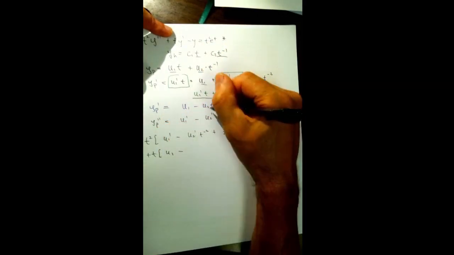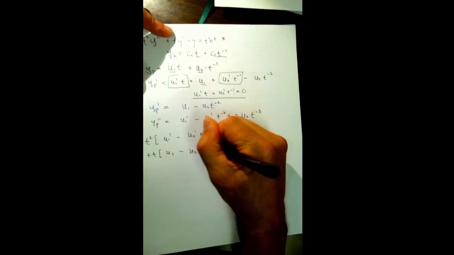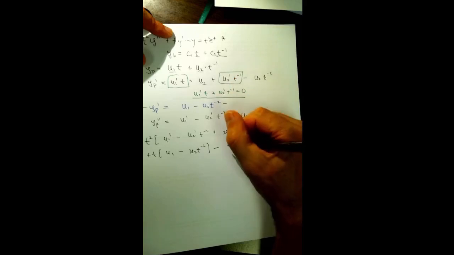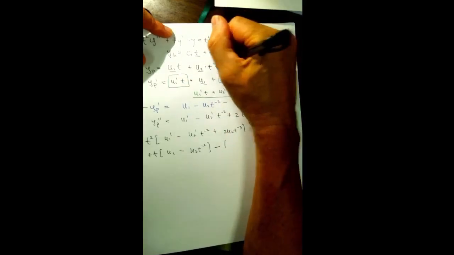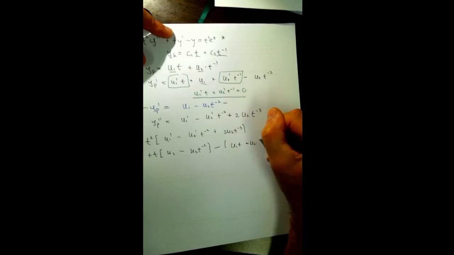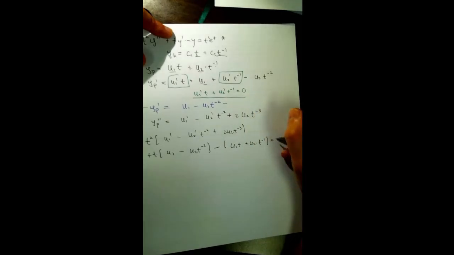So that becomes u1 minus u2 t to the minus 2, which I'm getting from here, minus y, which comes from my definition, is u1t plus u2 times t to the minus 1, all equals t squared e to the t.